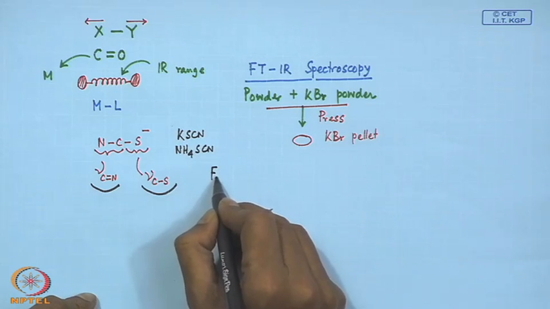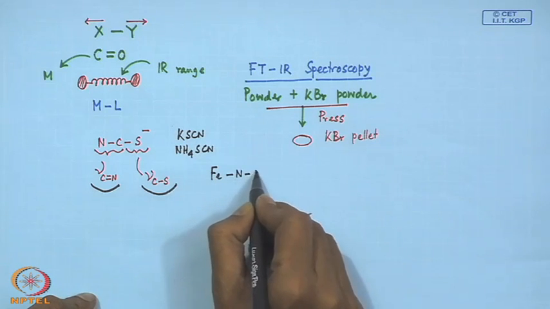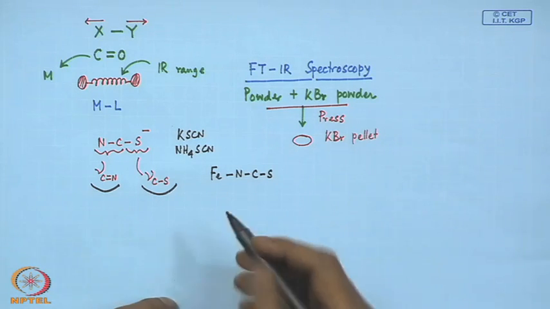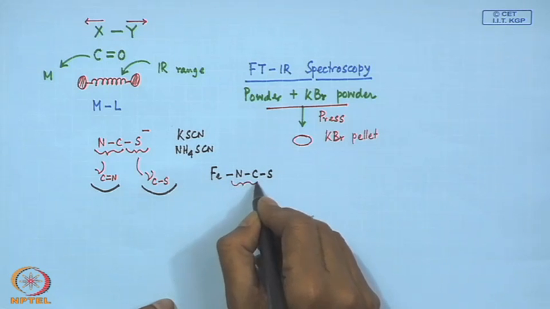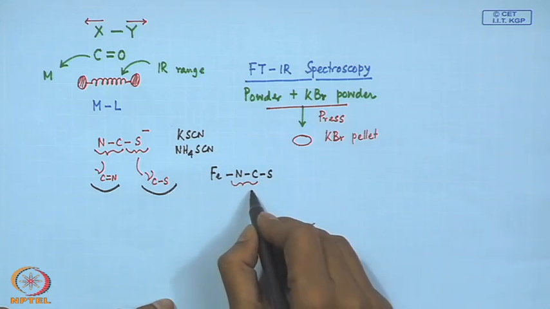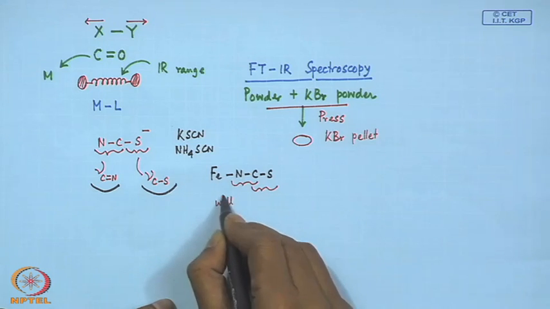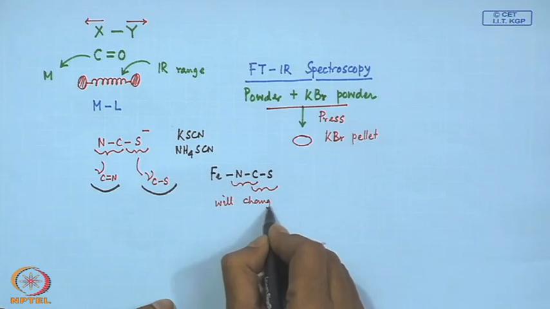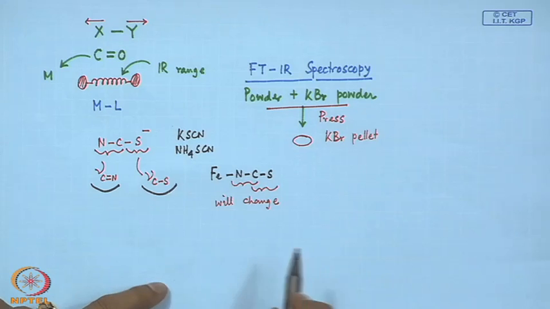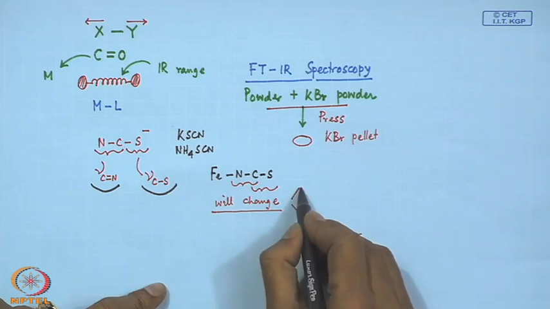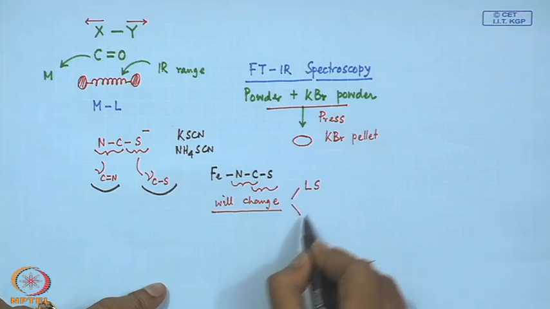But when it is bound to the iron center, we can compare these stretching frequencies, that means this CN stretching frequency as well as the CS stretching frequency will change due to coordination, and how much it changes will again depend on whether we have a low spin compound or a high spin compound.